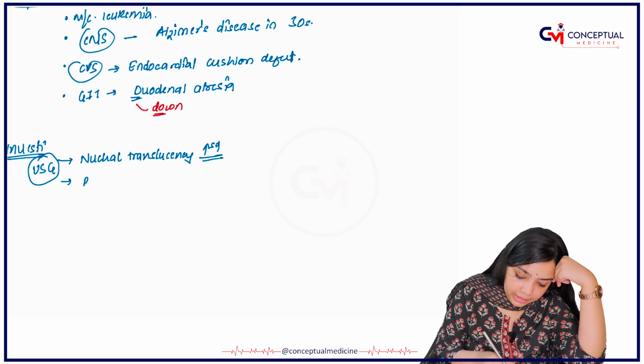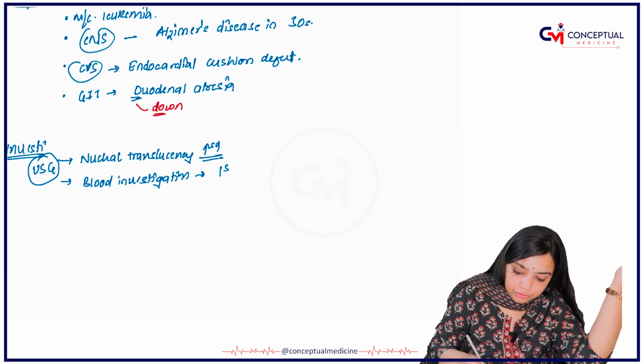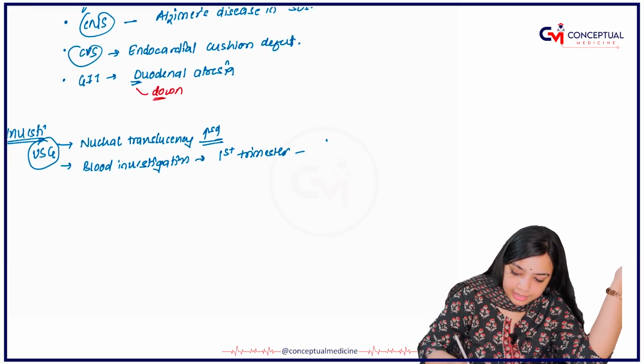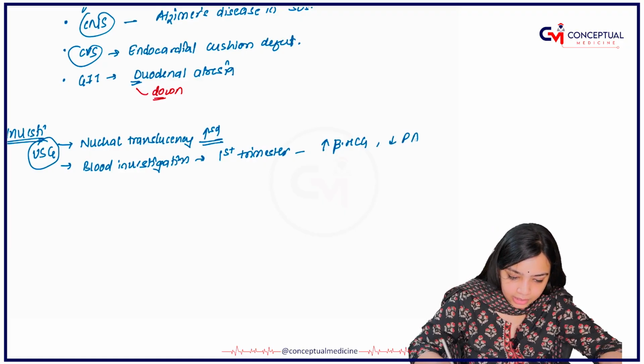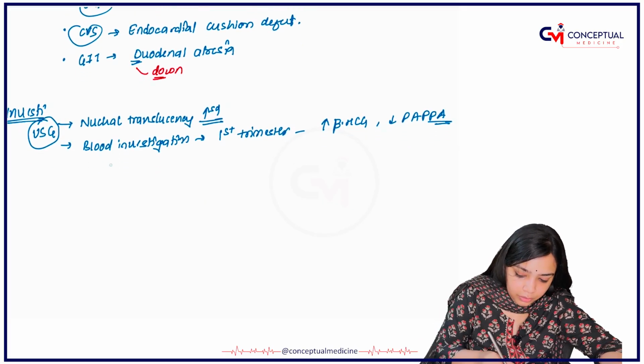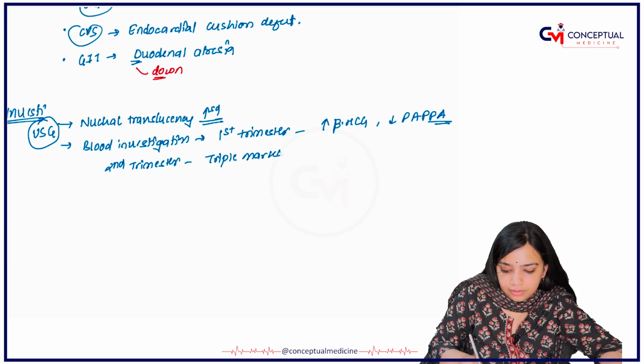And when you do the blood investigations during the pregnancy, then in the first trimester you will see that there is increased beta HCG levels and decrease in pregnancy associated plasma protein A. Okay, next thing, if you go in the second trimester, you will do a test called the triple marker test.